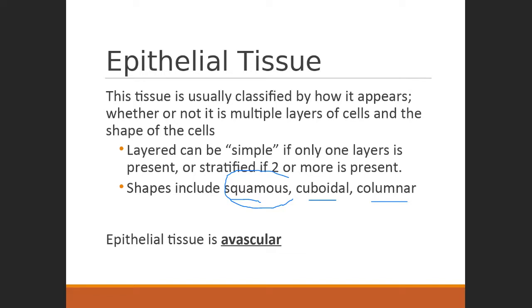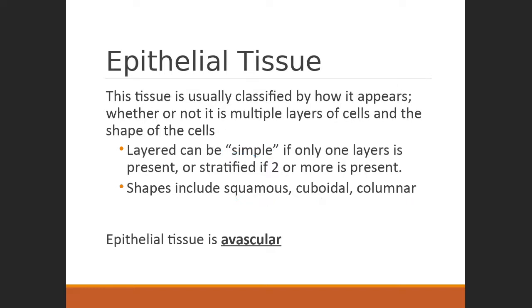So we look for the number of layers, then we look for the shape. Now, as far as shape goes, there's only one place we look: the superficial layer. If they're simple, now obviously we only have one layer. That's the shape of the cell we have to deal with. But if there's multiple layers, we only look at the shape on the most superficial layers.